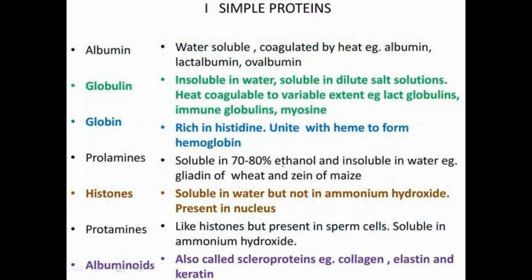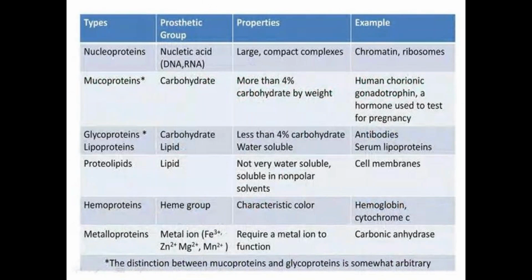And the next type is the conjugated proteins. What is conjugated? These are proteins that are conjugated to different groups that are called prosthetic groups.